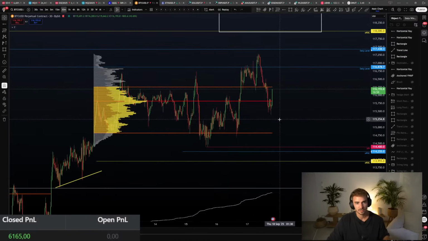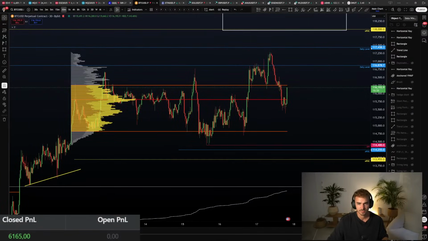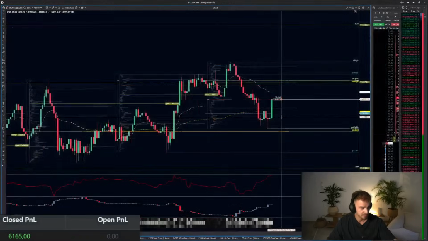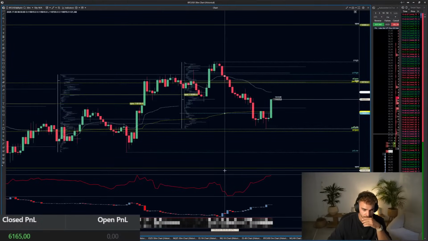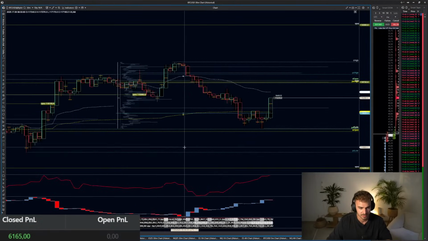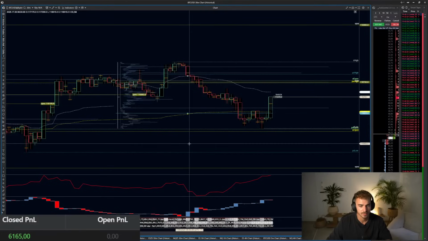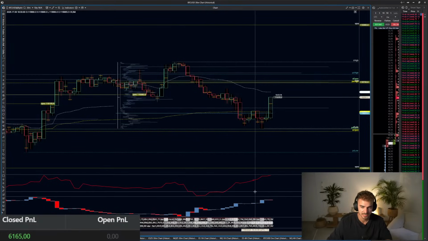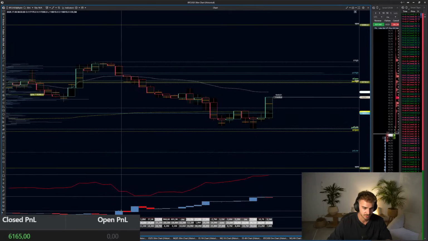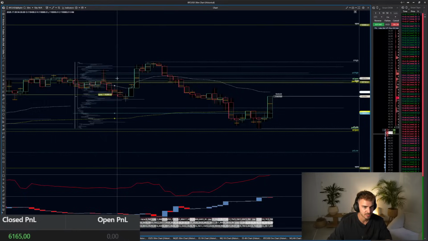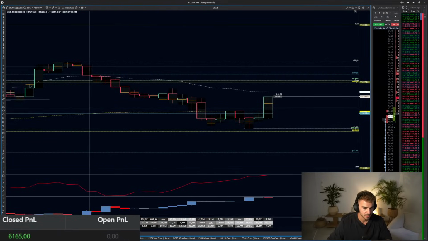Let's have a quick look at the open interest on BTC on this move up. From what is the time actually, 9 a.m. in the morning, my time, we have seen a steady increase in open interest, which is quite interesting, because at the highs, we had 30 million shorts open, then we had 20 million shorts open.